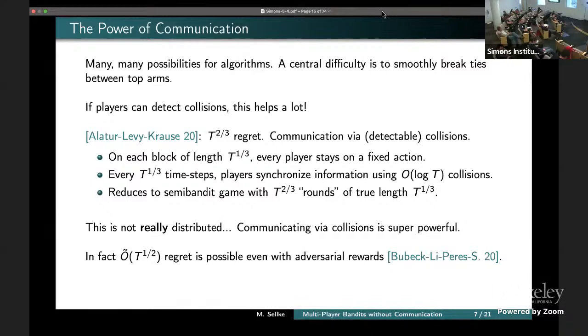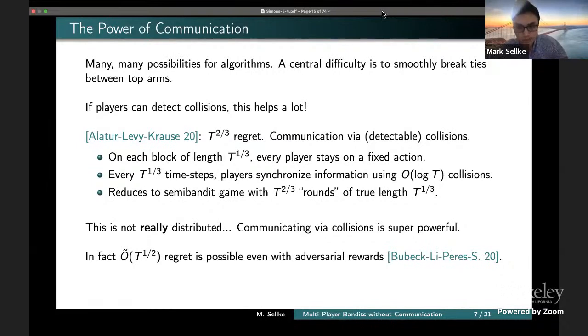That's what the detectable collision model is, right? Yeah, exactly. If I collide, then I see not only that I received 0 reward, I get told, you got 0 reward because there was a collision. Very explicit. Thanks. I should have been more clear about that.